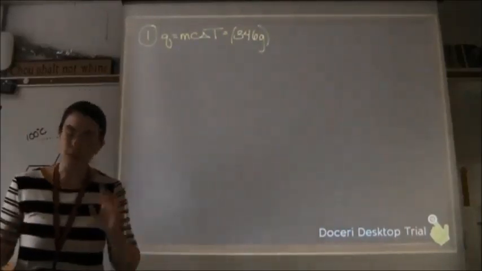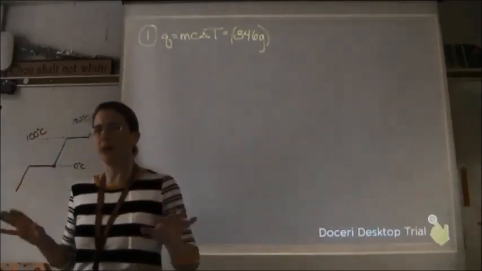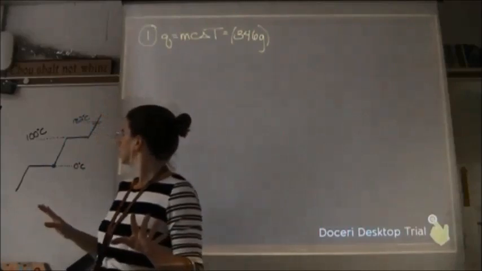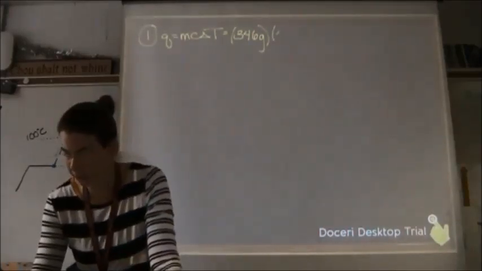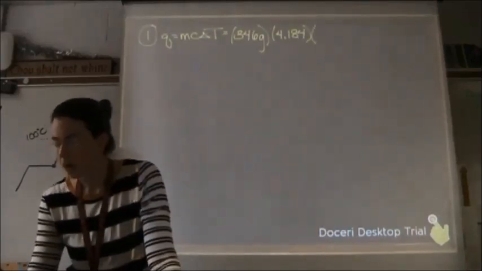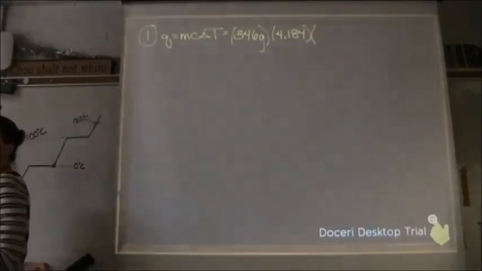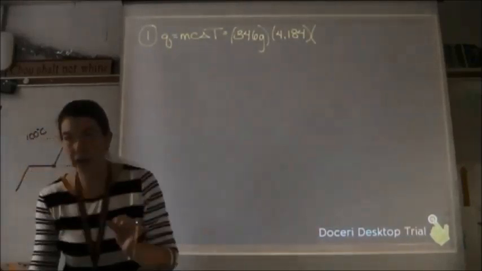And we were given more than one specific heat. What specific heat am I looking for? The one in the liquid phase, which you probably have memorized anyway, 4.184. What would be my delta T, ladies and gentlemen, from that point to that point only? 100, not 182.